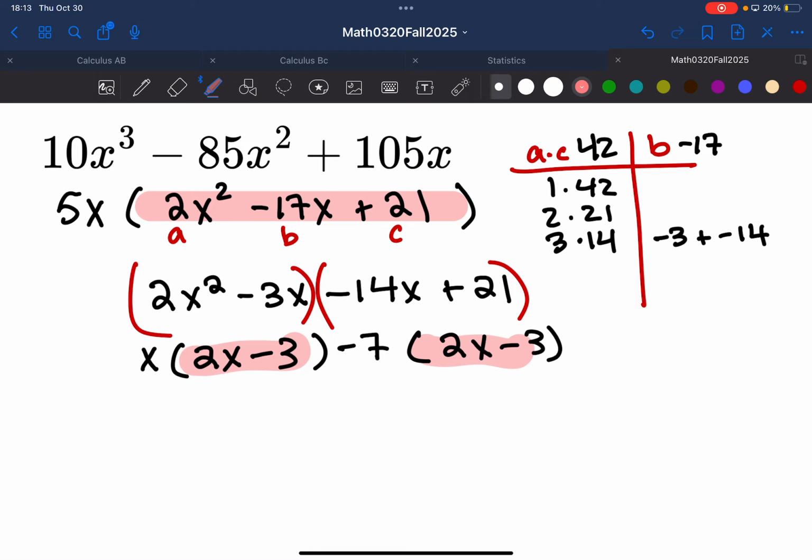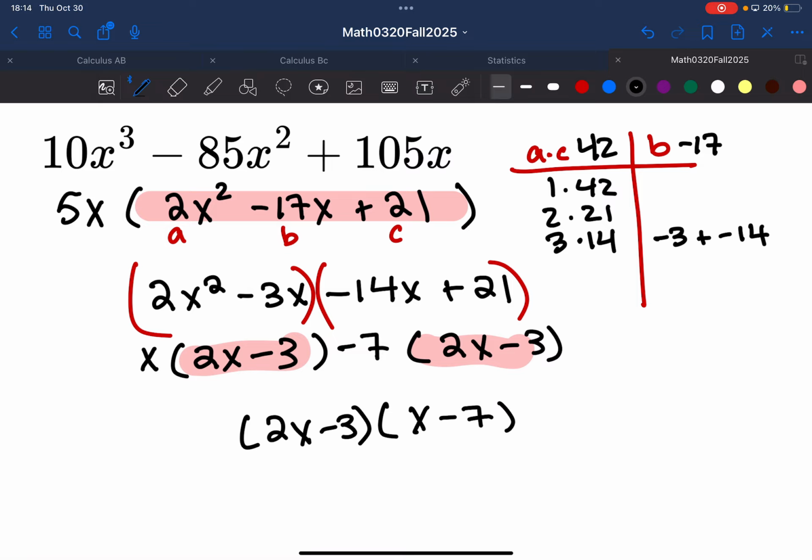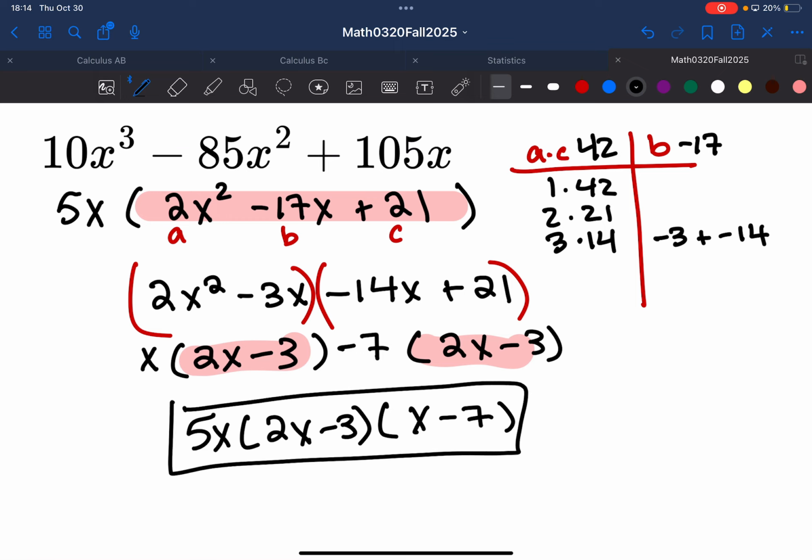Okay, so if we would have just took out a positive 7, then we would be left with a negative 2x plus 3, which is not the same thing as 2x minus 3. Okay, so then I bring down the 2x minus 3, and what's my other parentheses? X minus 7, and what can I forget in the beginning? That 5x. I have to bring that all the way down, and then this entire thing is my answer. So, yeah, don't forget about the GCF.